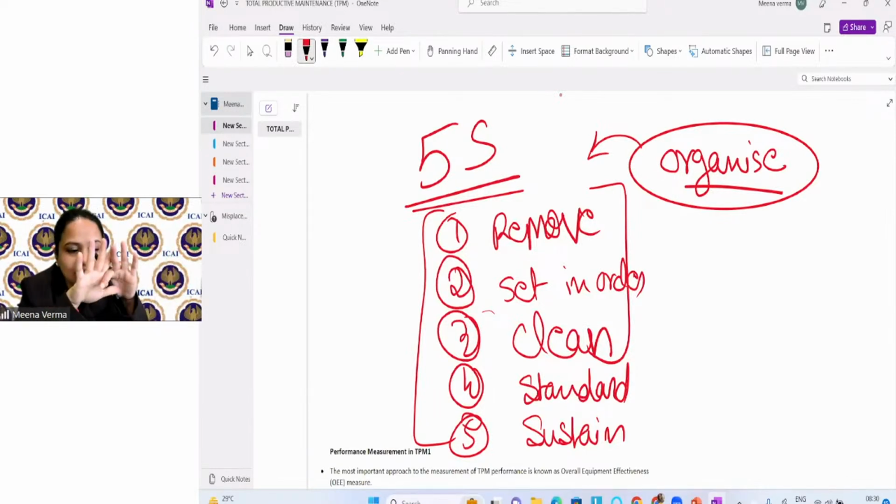When the place is unclean, untidy, cluttered, dirty, clumsy, and there is any defect or error, it is not easy to identify it. And if there is any defect or problem, it is not possible to find it.